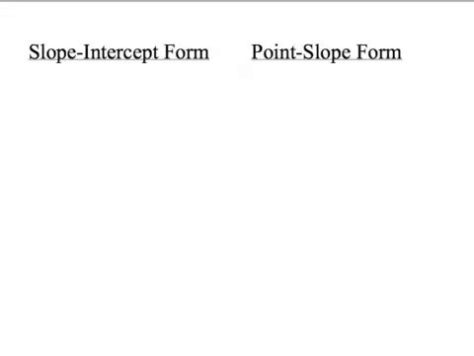Okay, next we're going to talk about 2 main forms that we use to graph lines. The first form is called the slope-intercept form. That looks like y equals mx plus b. So in this case, m is the slope. Now the slope is always going to be the coefficient of x.